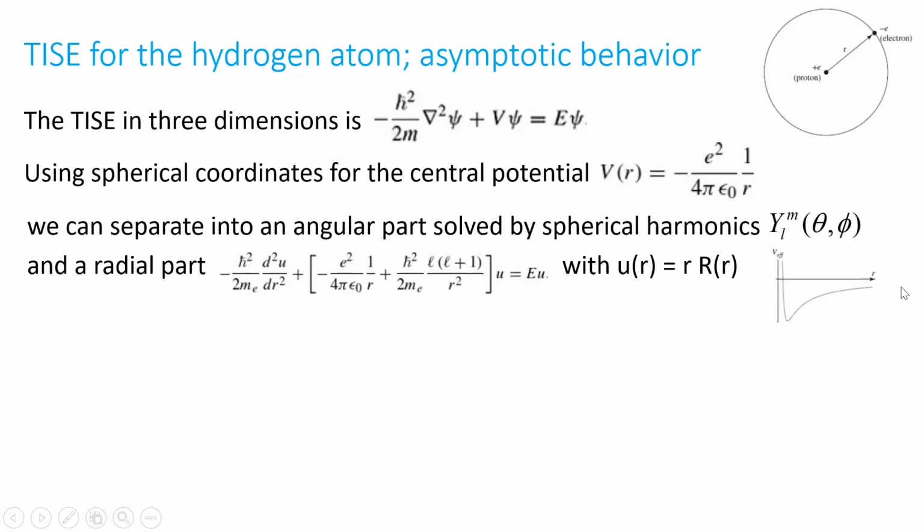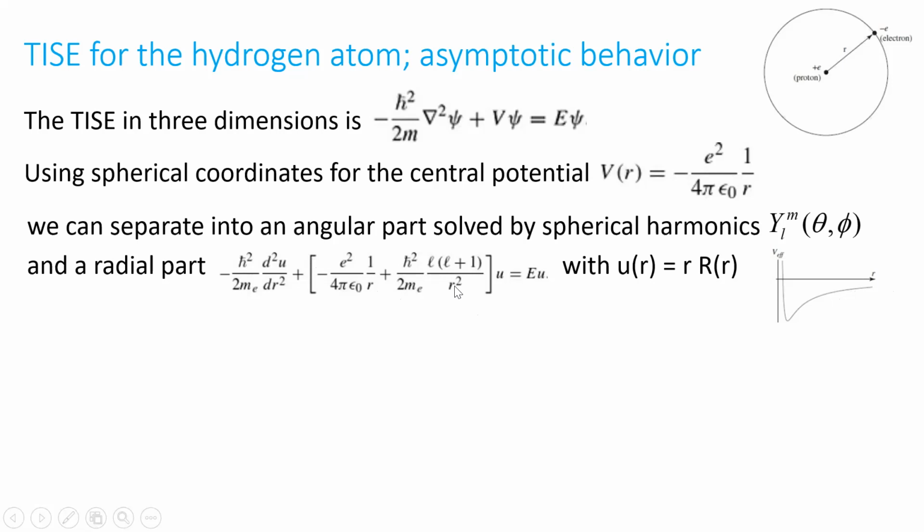And this is a graph of the term in brackets here. You can see the first term goes as minus 1 over r, so that would keep decreasing down here. But the second term goes as plus 1 over r squared.